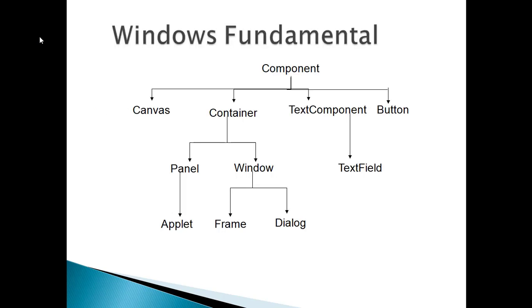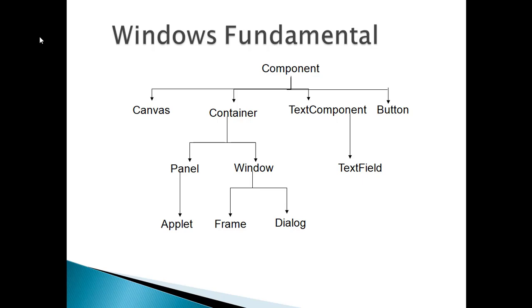The next point is Windows fundamentals or the AWT class hierarchy. In the AWT class hierarchy, the main class in AWT or Java is the Component class, which has a number of subclasses like Canvas, Container, TextComponent, Button, List, like these components.